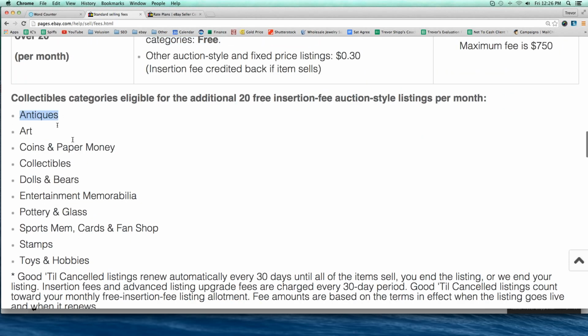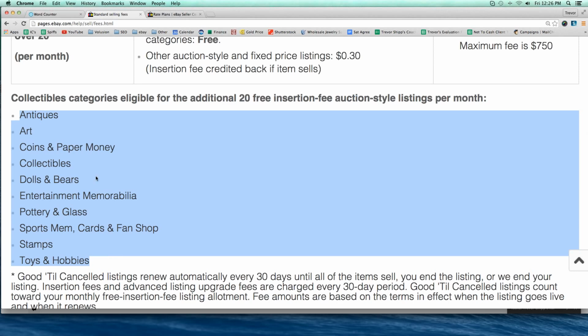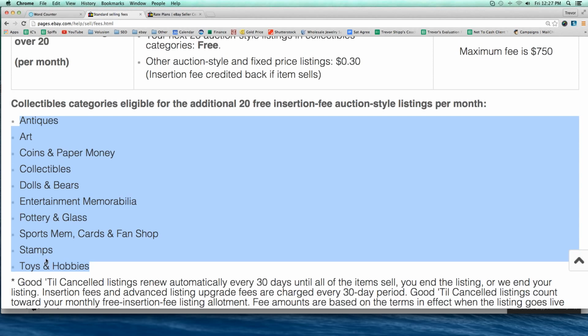Well, what would sort of be considered collectibles? Well, here you go. Here's your list of collectibles categories. But they've got to be auction style listings, by the way. You can't do fixed price. These would remain free for your next 20: antiques, art, coins and money, collectibles, dolls and bears, entertainment memorabilia, pottery and glass, sports memorabilia, stamps, toys and hobbies.